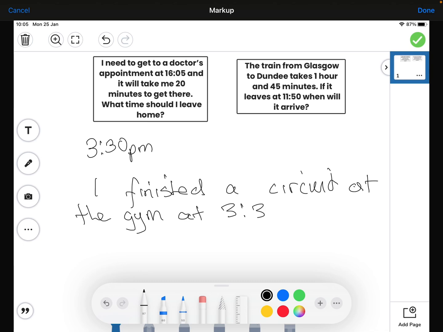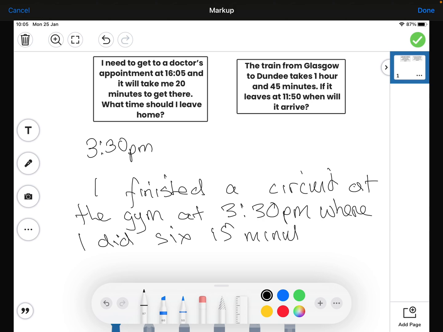So it's the same time that you're using, but you're given the finishing time. Where I did 6 15-minute activities. When did I start?